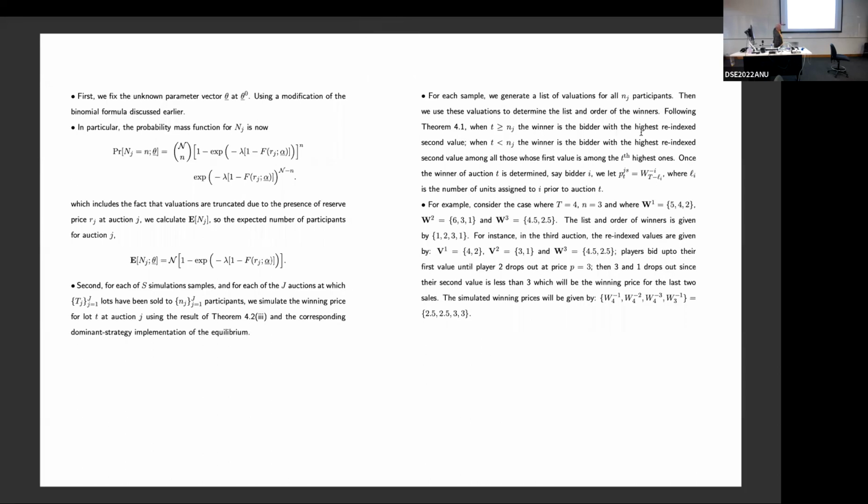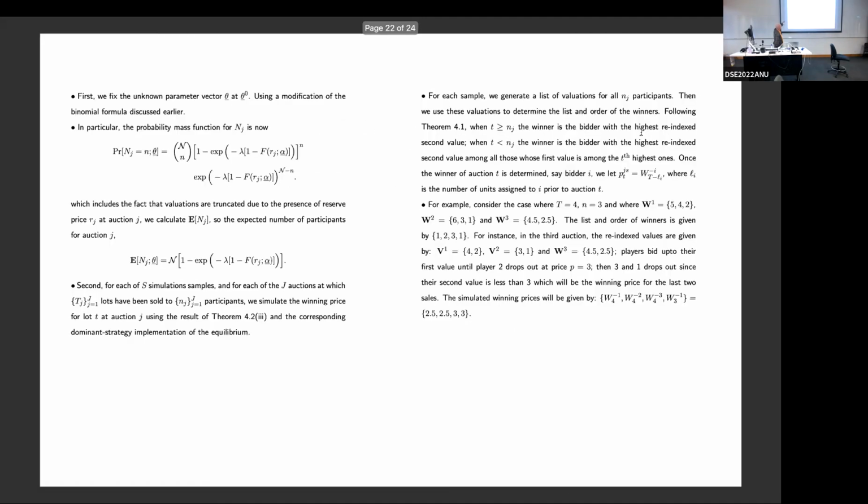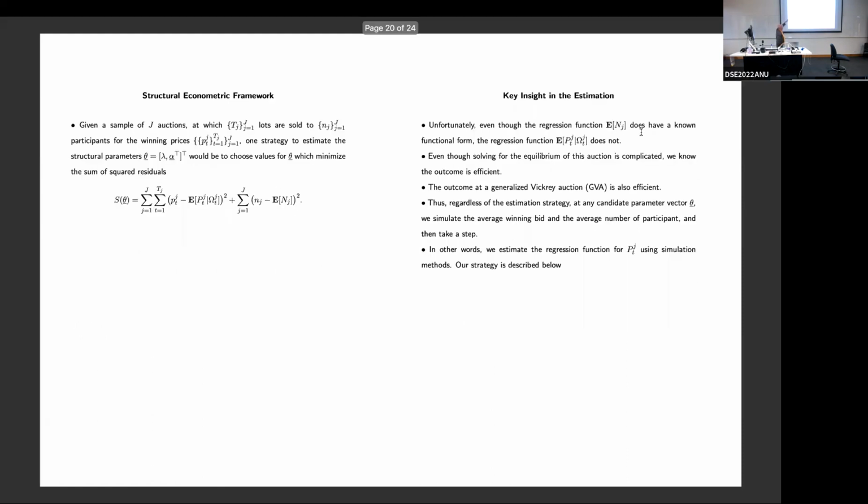So you essentially generate a Poisson from here. That'll give you how many times you generate a Poisson for every person in the set 1 to N. All of the ones that are positive give you an estimate of the expectation of n_j.